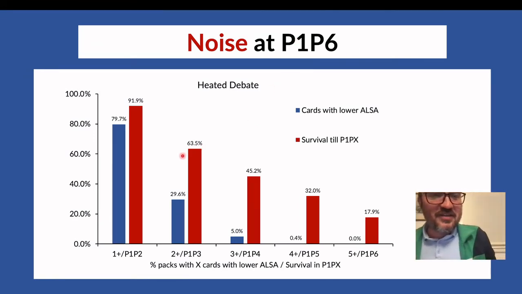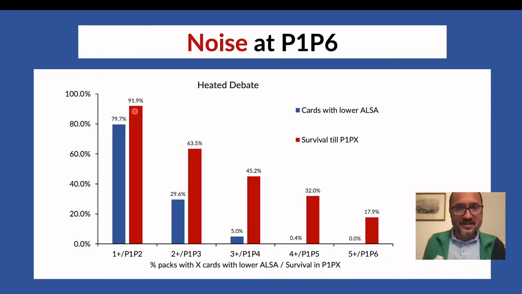And here I did some combinatory stats, basically. And I calculated what are the odds that there is X or more cards with a lower alsa than heated debate in a pack.